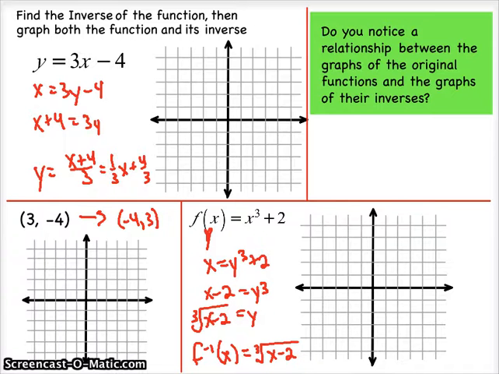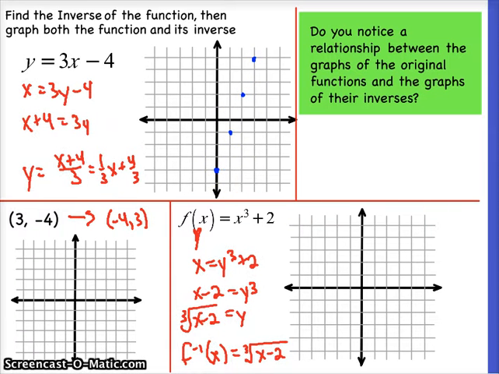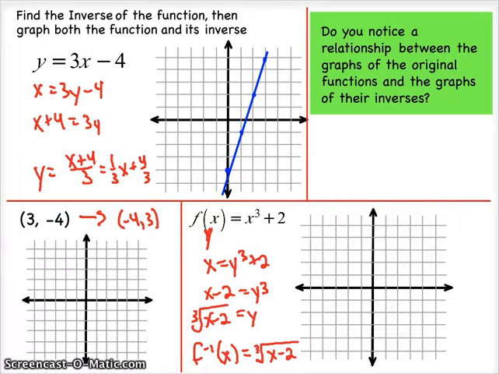Now, if we think about their graphs, the top one is probably fairly easy, considering that we get -4 with a slope of 3. I'm just going to start at -4 and plot points up 3, right 1, thus constructing a nice straight line between my points. Well, if we do that same thing with our inverse function, I'm going to start at 4/3.